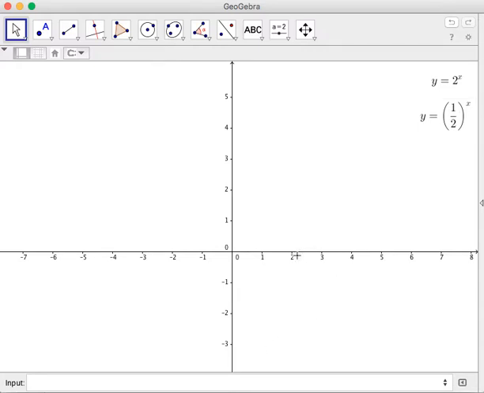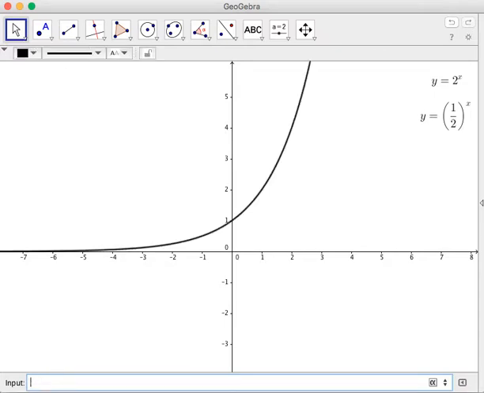If you have watched the previous videos in this series, then I think you are familiar with the graphs of these two functions. So let's have y equals 2 raised to x, and the other one is y equals 1/2 raised to x.